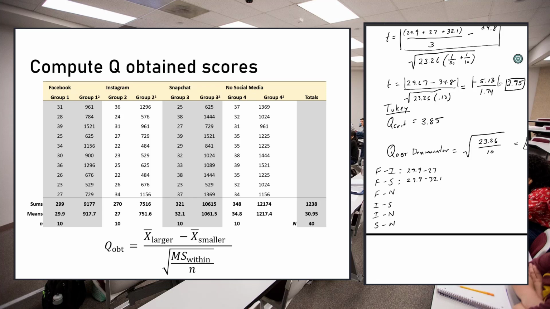A quick way to do this is anytime you see an F here, you just put 29.9. And anytime you see an I, you put 27. And anytime you see an S, you put 32.1. And we didn't get N yet, but N is 34.8.